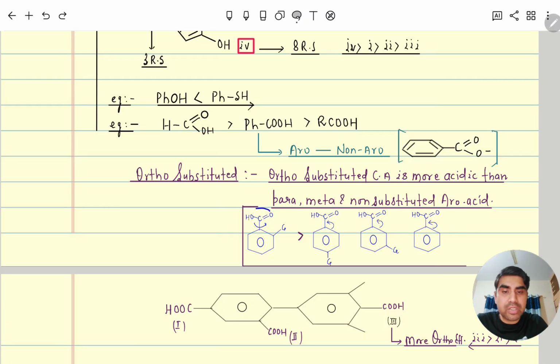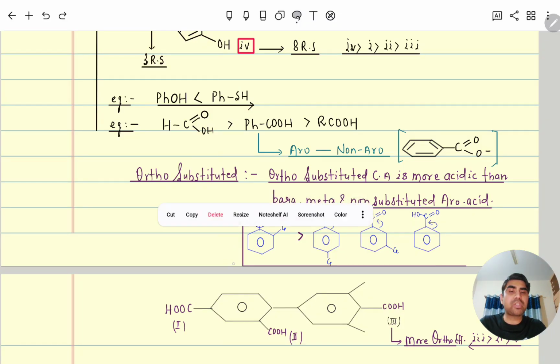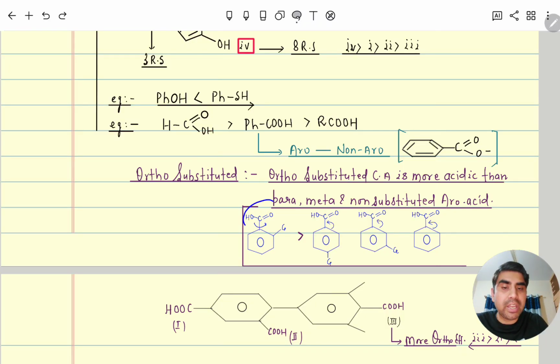That is why, here you can see, ortho-substituted carboxylic acids are more acidic, and that is called the ortho effect. So in an ortho-substituted carboxylic acid, since it became perpendicular due to the steric effect, the aromaticity will not be disturbed, so the resonance hybrid will be more stable due to identical resonating structures, hence its acidic strength is more compared to those which are not ortho-substituted.